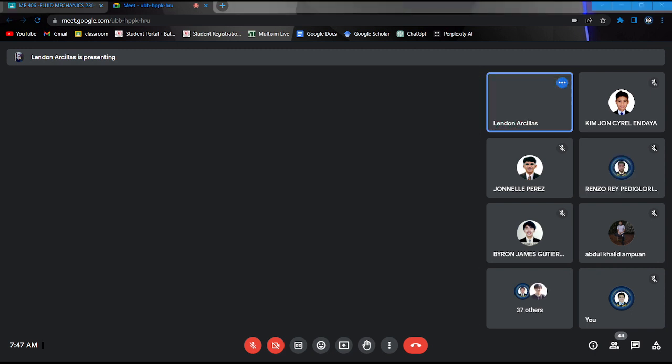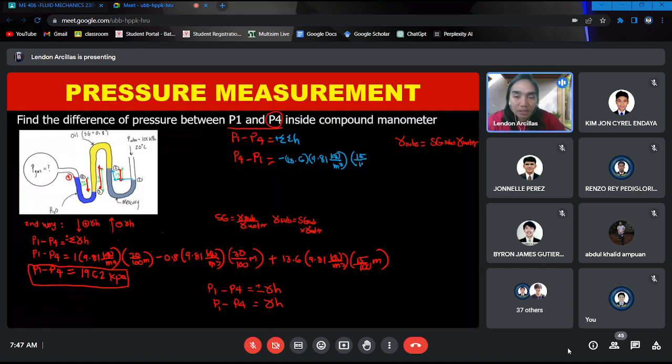So, that is minus. Okay? Minus specific weight ng substance which is mercury. So, that is 13.6 SG times always 9.81 specific weight ng water times that difference of their height, that is 15/100, or convert lang ng cm to meters para magka-cancel yung units.